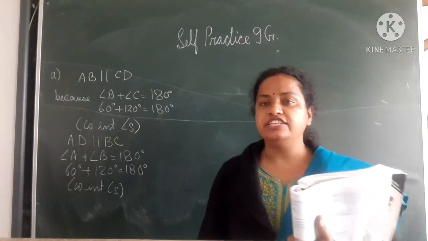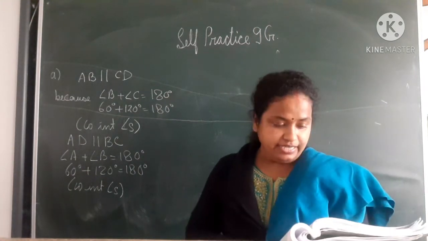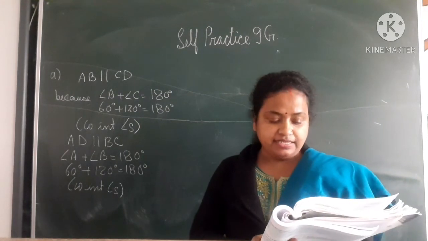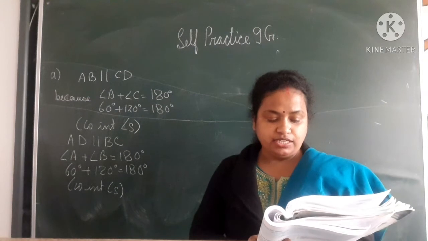Which are parallel to each other? AB is parallel to CD and AD is parallel to BC. Yes, they are parallel to each other.